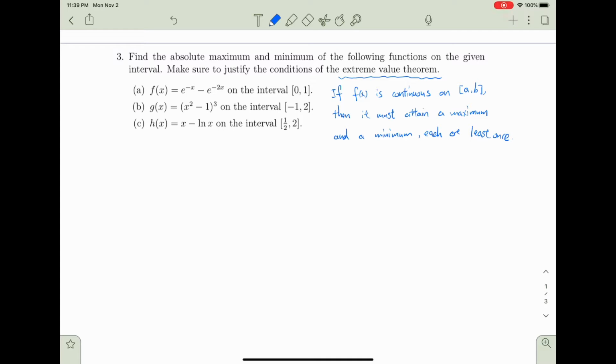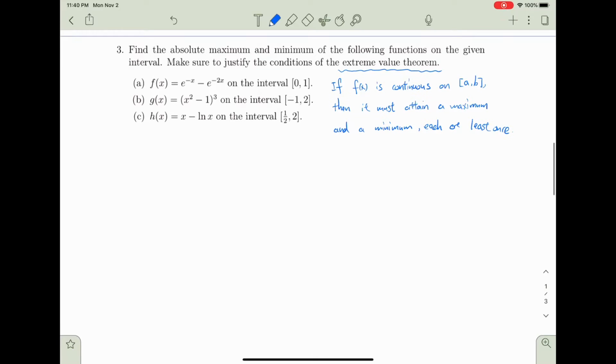That means there exists a point inside this closed interval a and b such that if you plug it into the function, it is the max output of all the numbers you put in. And there's another point inside this interval for which, if you plug it in, it is the least value of the outputs.